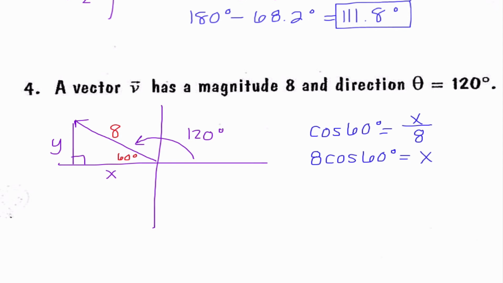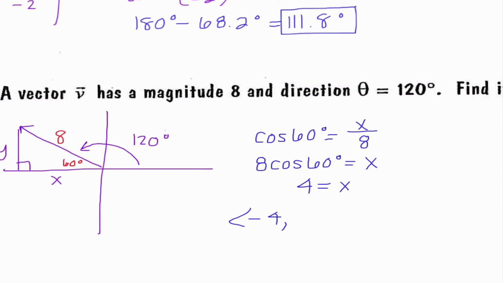And when I go ahead and do that in my calculator, it's going to give me a positive value. It's going to tell me positive 4 is x. However, we can clearly see x here is moving to the left, so it should be a negative 4. In fact, if you put in 8 cosine 120, it will tell you negative 4. Okay, so we will eventually get to that, but I'm just trying to break it up piece by piece here.